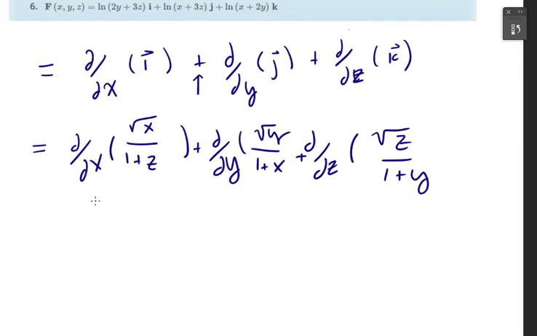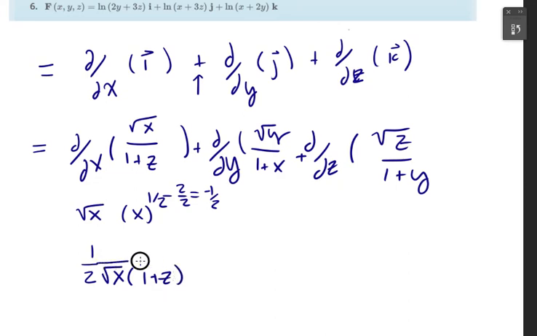So take the partial with respect to x here. So partial with respect to x, this is really x to the 1/2. You bring it down, and this is minus, so this becomes negative 1/2. So guess what? Square root's in the bottom now, and then times 1 plus z. So kind of ugly looking, but now we know everything's the same ugliness, essentially.